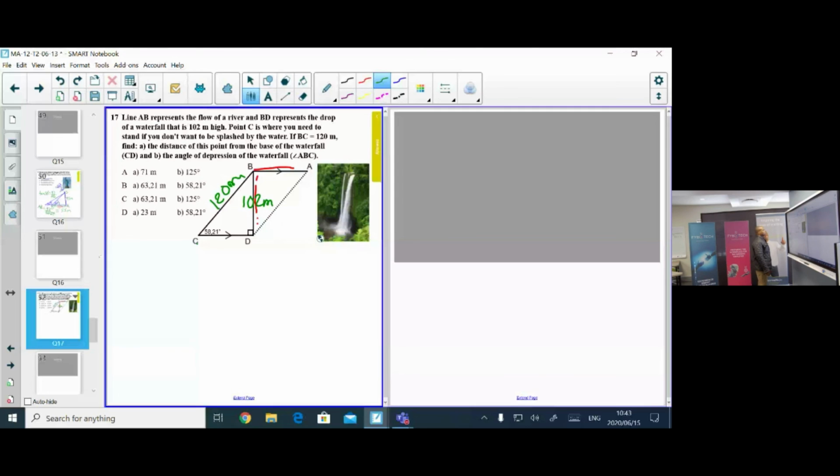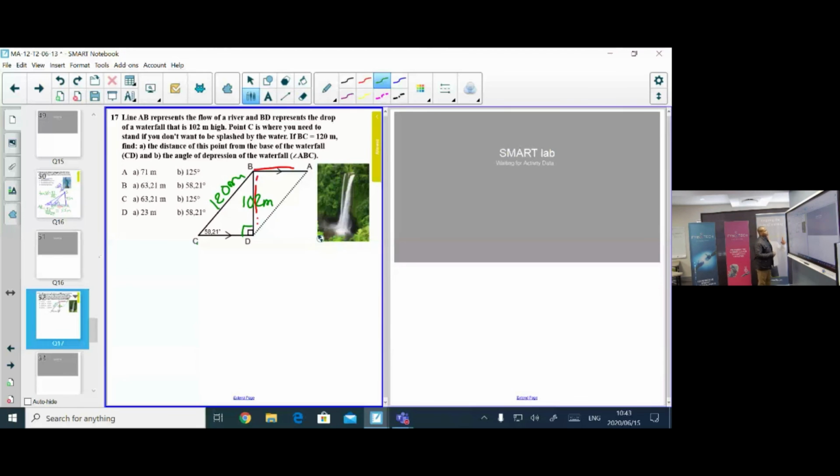So this point is, we are talking in reference to C. Yes, it's also mentioned there that we are looking for CD. So as you can see, CD is in a right angle triangle because of the 90 here. So things are easy for us.